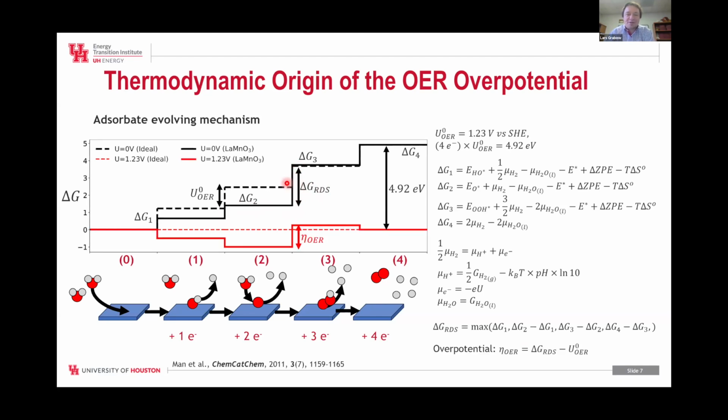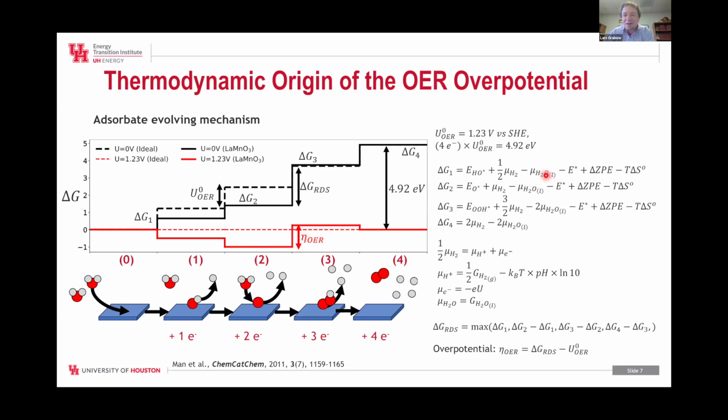If we apply the potential and all of these energy states move along with that potential, and we're trying to approximate this perfectly flat line, what you see is that you need to apply an additional driving force for the reaction to proceed from state 2 to state 3. And so this is the origin of the overpotential for the oxygen evolution reaction.